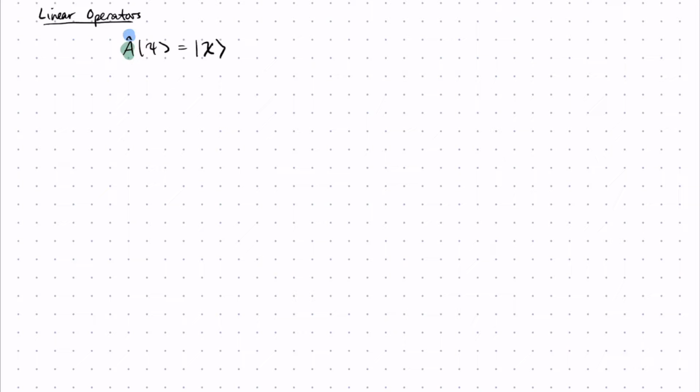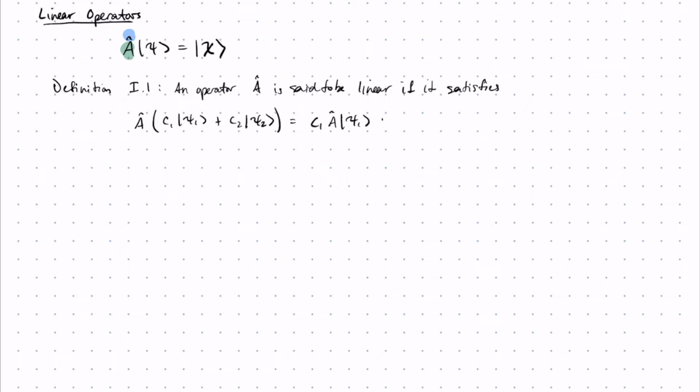Furthermore, in this class, we're only going to ever deal with linear operators. So what makes an operator linear? This is our first definition. What this means is that an operator will be linear if you can apply the operator to a sum of two kets, and get the same exact result as summing up the individual contributions of applying the operator to the kets separately.